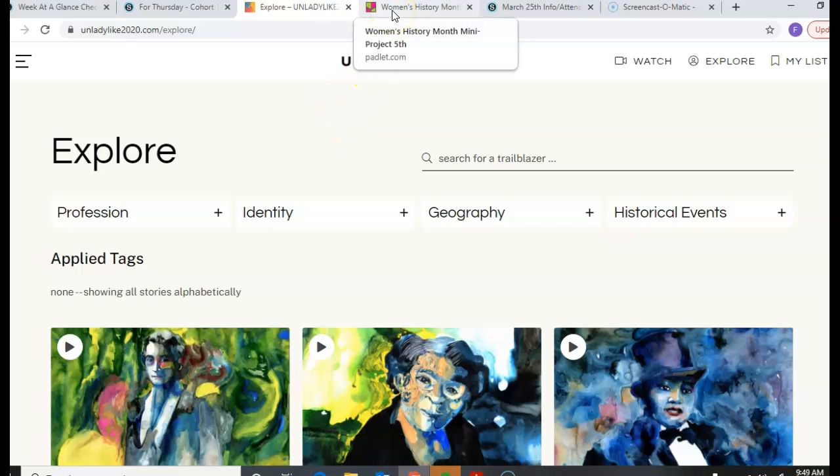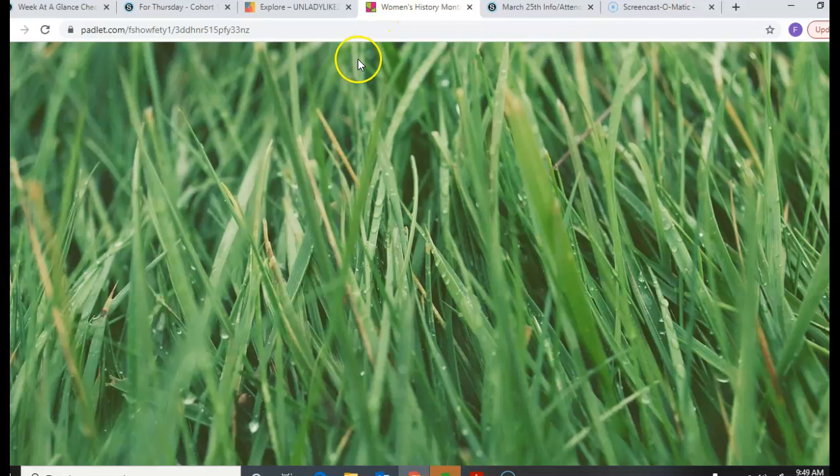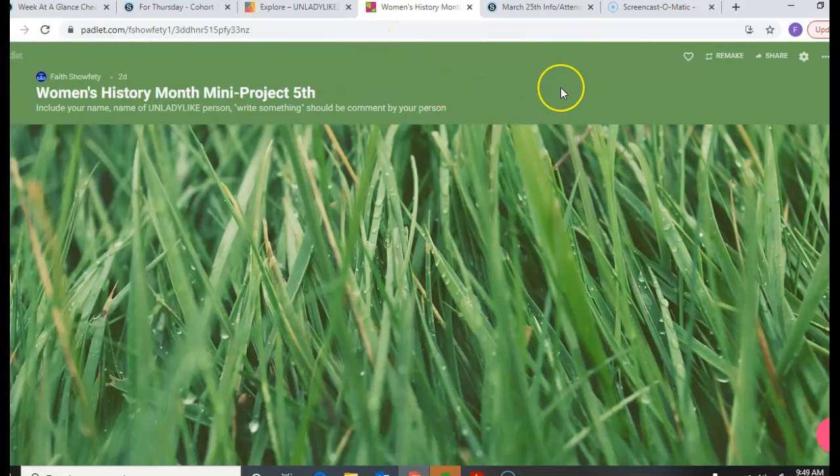So the Pic Collage, this is fifth period's Pic Collage, but they all pretty much look similar. You're going to include your name, the name of your Unladylike person, the person who you did the profile on, and then there should be some comment by the person that you share with.